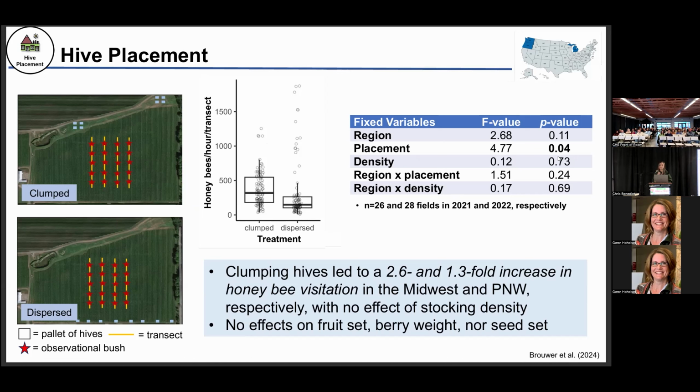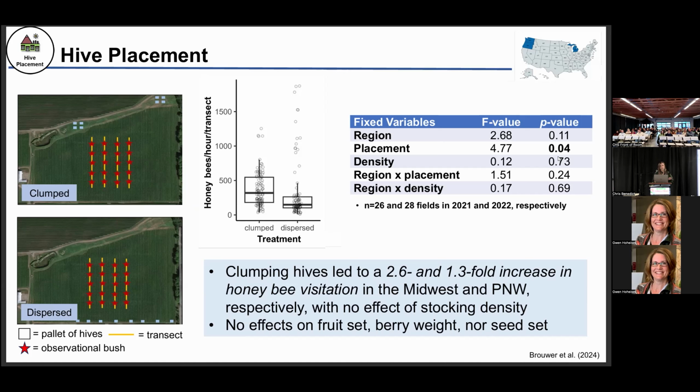And so when we looked at characteristics like region or hive density, they weren't significant, but time and time again, placement was statistically significant. And we saw a 2.6 and a 1.3-fold increase in honeybee visitation with the clump strategy in the Midwest and in the Pacific Northwest, respectively.